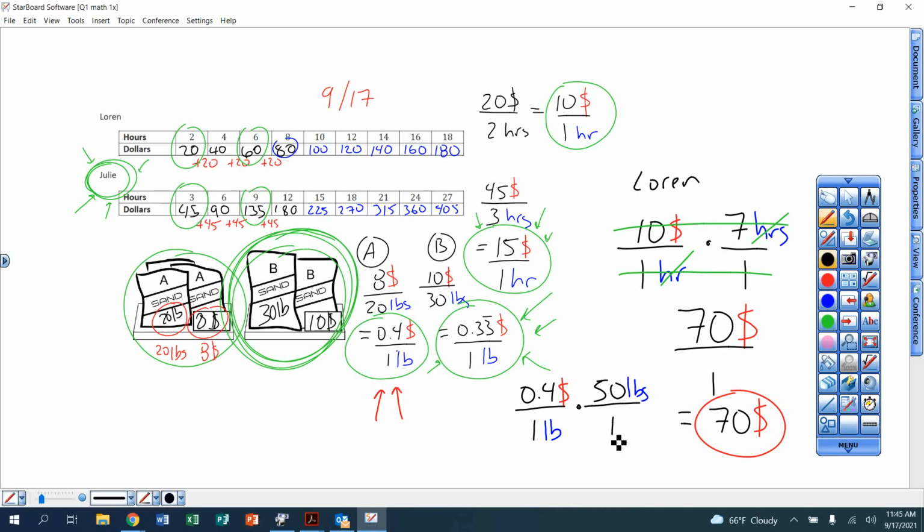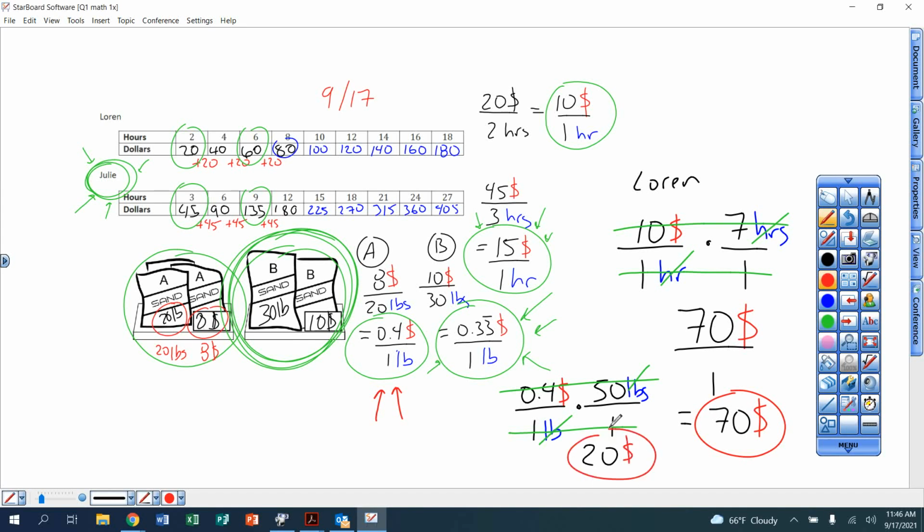That will have these units cancel and leave you only the dollar unit on top. And then all you got to do to get that answer is times those two numbers right there. So 0.4 on my calculator times 50 gives me how much I would spend if I bought 50 pounds, 20 bucks worth. Because after all that smoke clears, there's only the dollar symbol left.